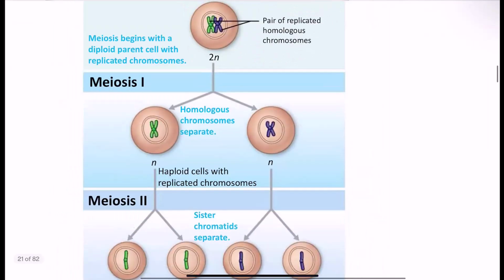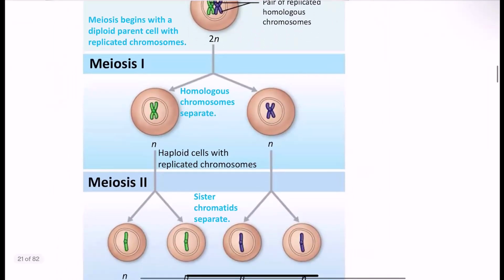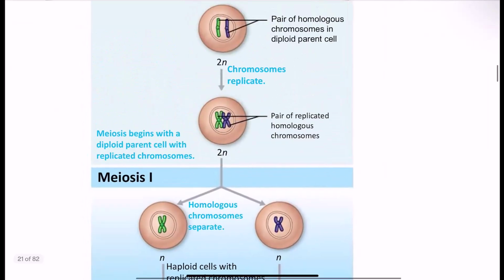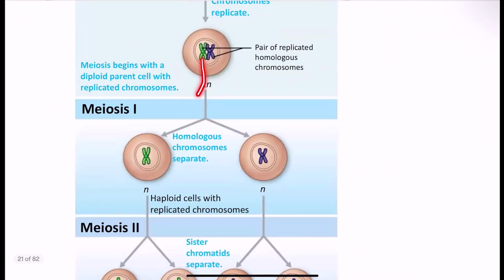In the process of meiosis 1, we separate those chromosomes. So notice that the green copy goes here and the purple copy goes there. Now we only have one copy of that chromosome per cell. So now these cells are considered 1N, or haploid.